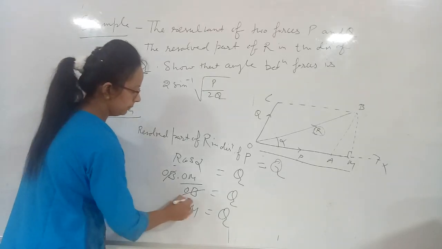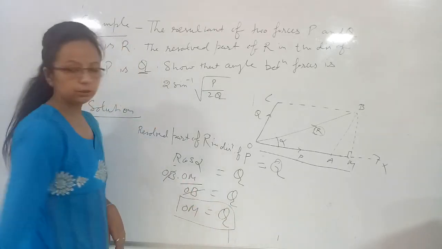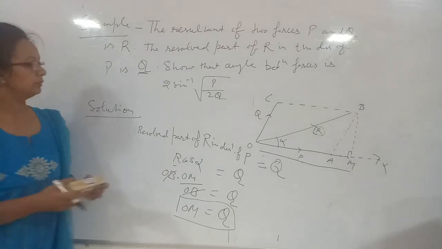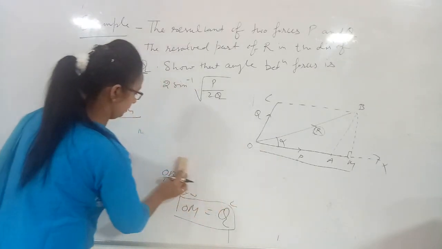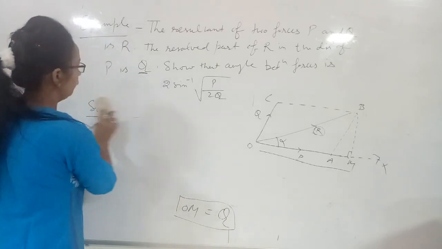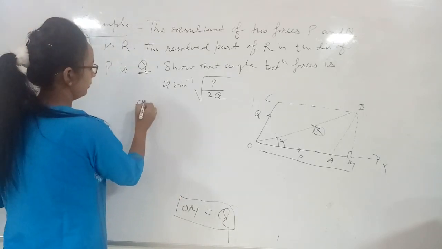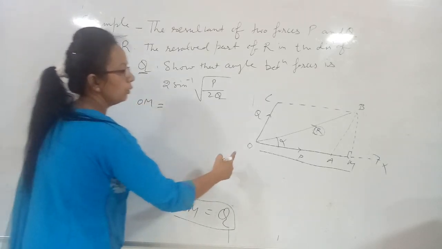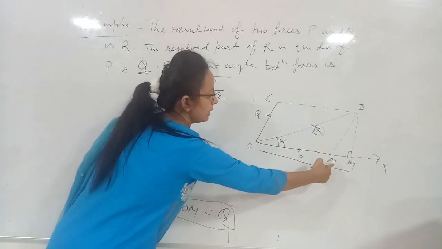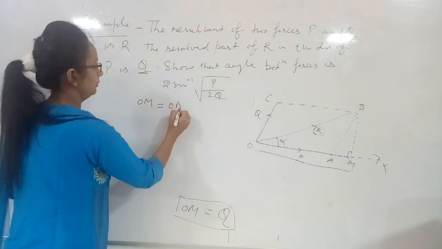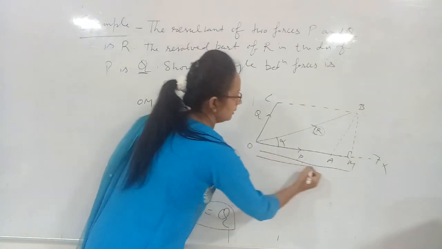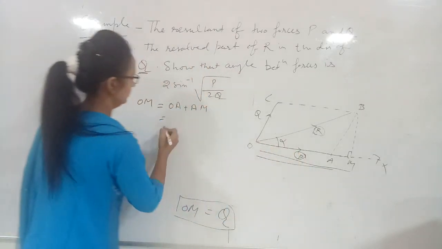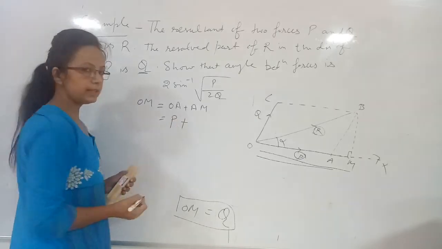Now what is OM? From the figure, you can write OM as OA plus AM. OA means P. And what is AM?